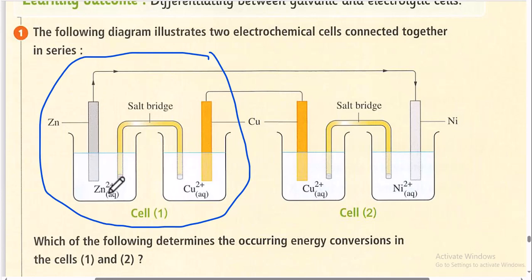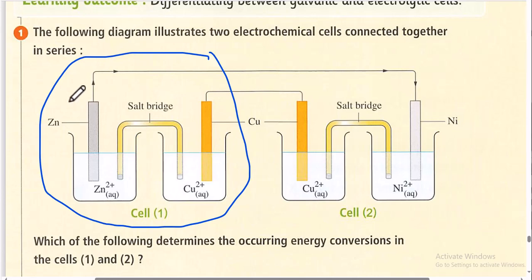It is oxidized to the solution and leaves electrons, which come out in the outer wire. So the oxidation reduction reaction here is spontaneous. There is a salt bridge, and this is a galvanic cell.